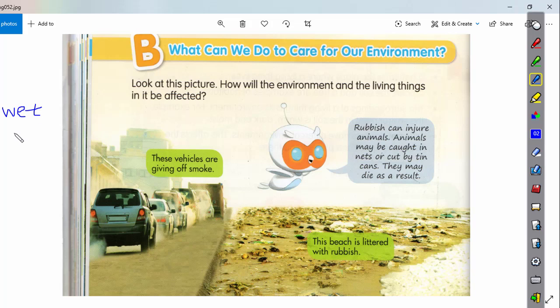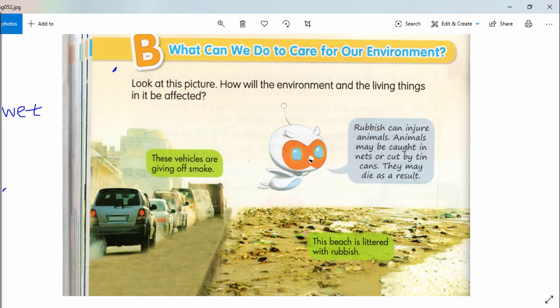And then what else? Dry and moist environment.